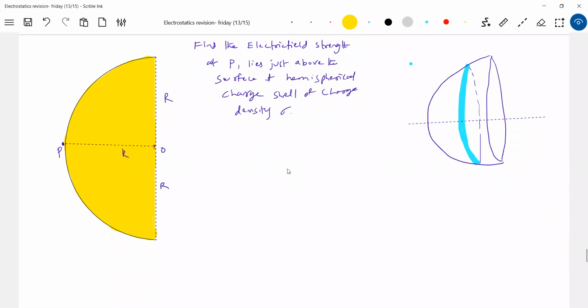The point P is just above this one, and you are starting from here. This is theta, and this will be d theta, no?